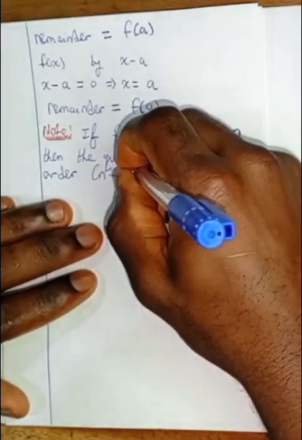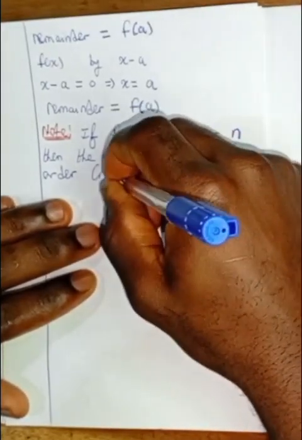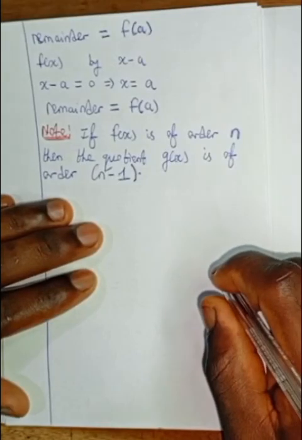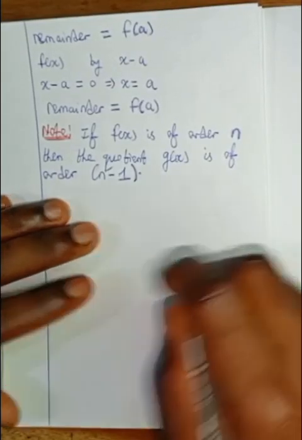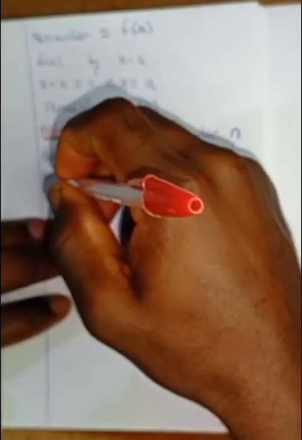The order of the quotient is always less than the order of the polynomial. Now let's look at an example.